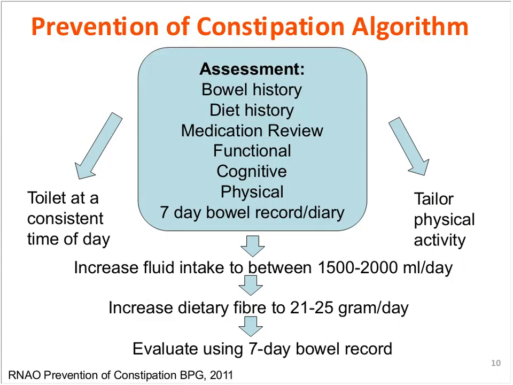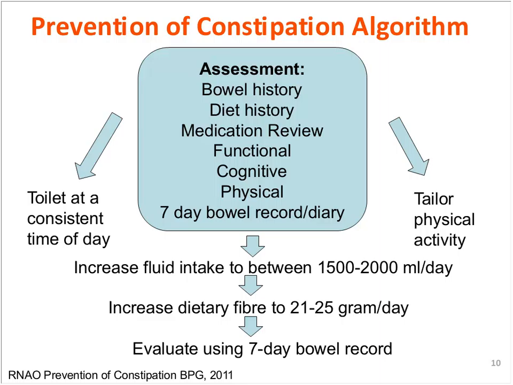So in one of the appendices, 3, I believe, of the best practice guideline, they have this lovely constipation algorithm, and it breaks it up into two sections. Basically, assessment, which is what we're going to talk about first, so looking at things like the bowel history, the diet history, a medication review, functional and cognitive issues, physical issues, and then doing an actual 7-day bowel record or diary to look at a resident's or a patient's pattern of bowel movements.